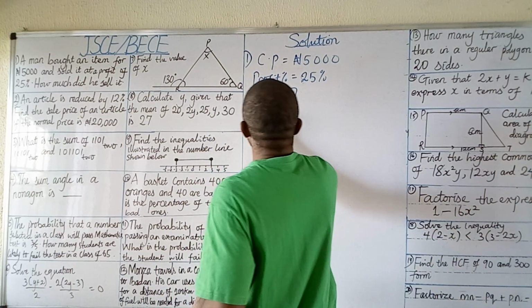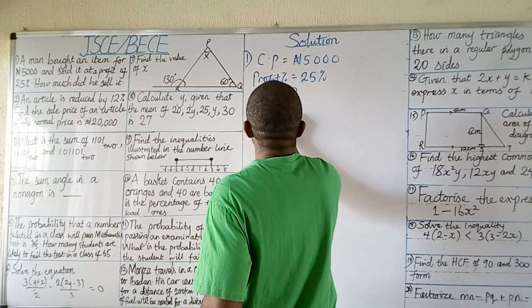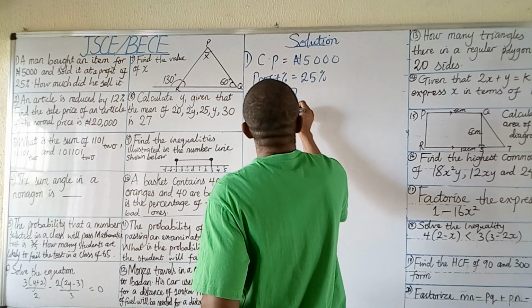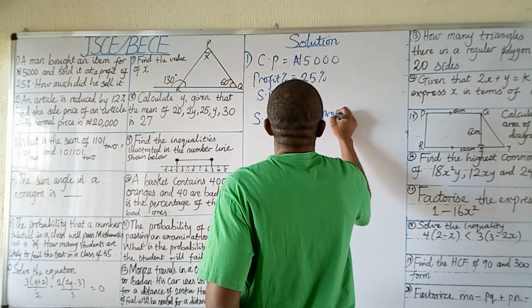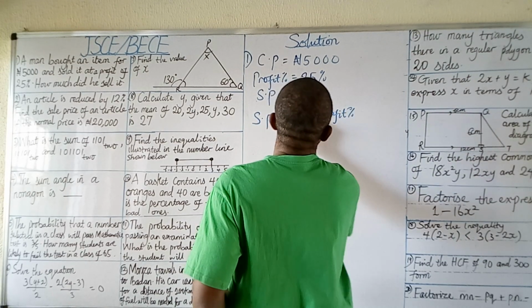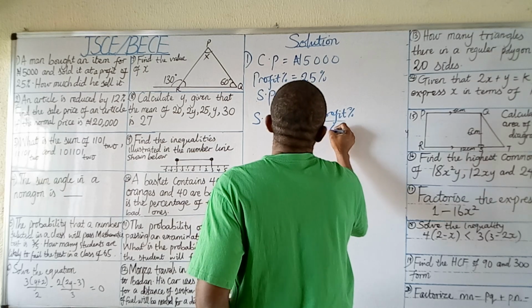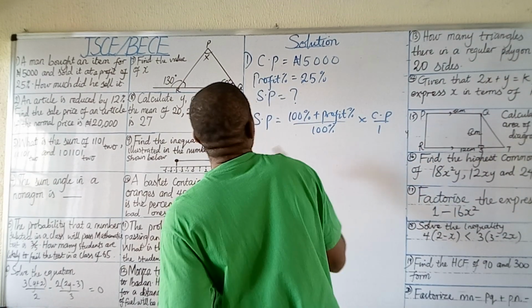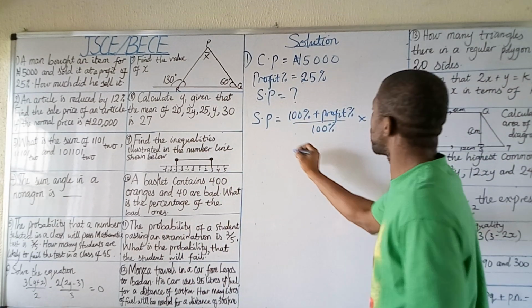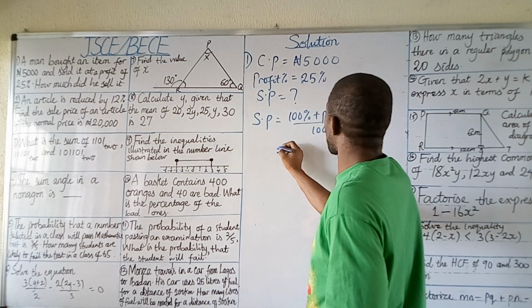For me to get the selling price, selling price is equal to 100% plus profit percent all over 100% times cost price all over 1. So time for me to do the substitution to get the actual selling price.